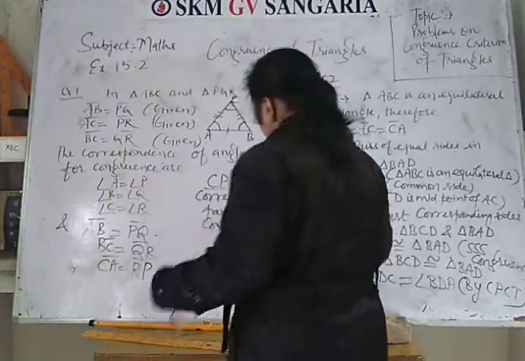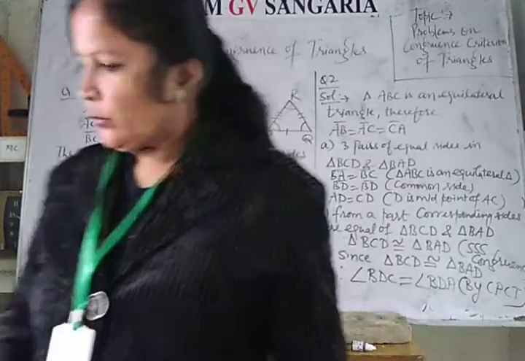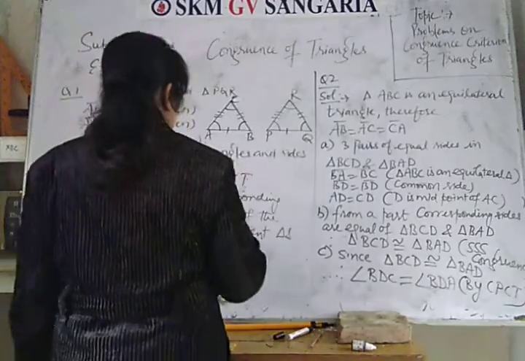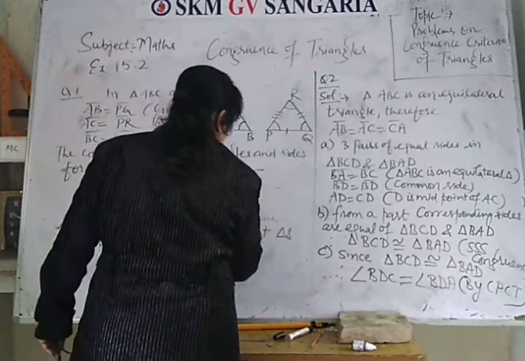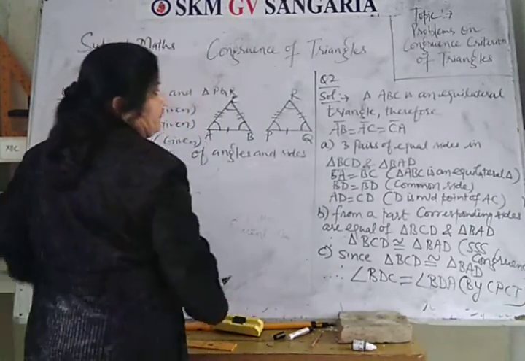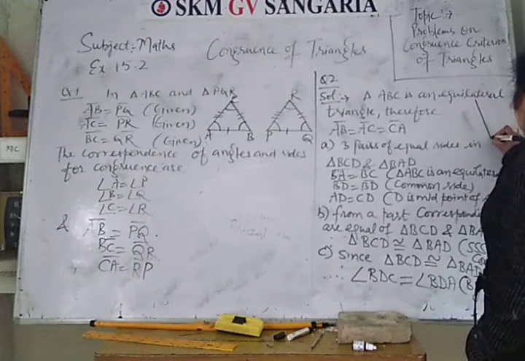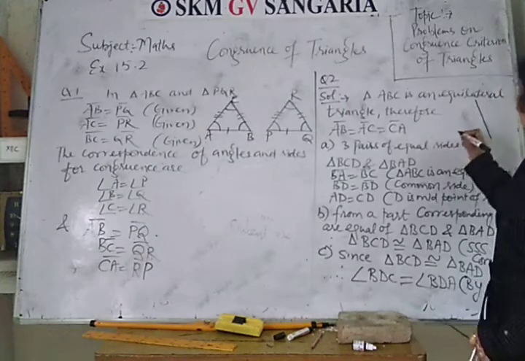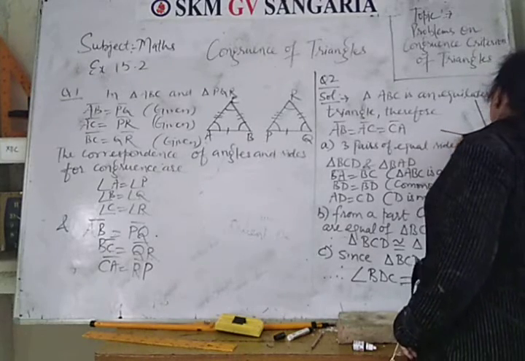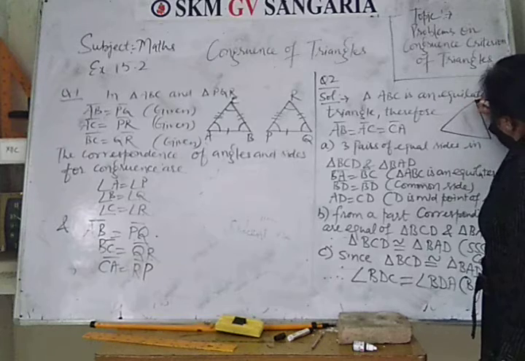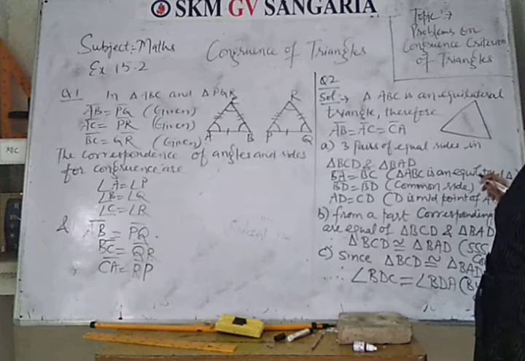Then comes question number 2. You are given triangle ABC. Triangle ABC is an equilateral triangle. Which triangle is that? Equilateral. An equilateral triangle means all the sides of that triangle are equal.